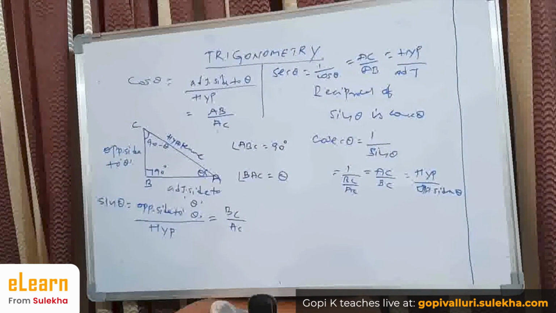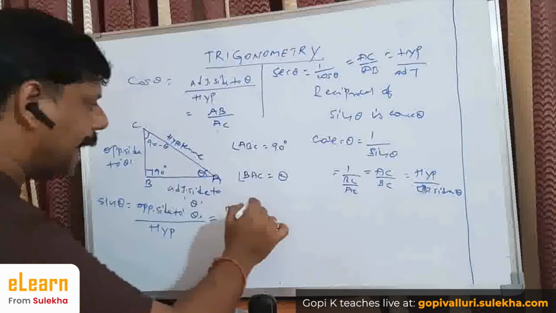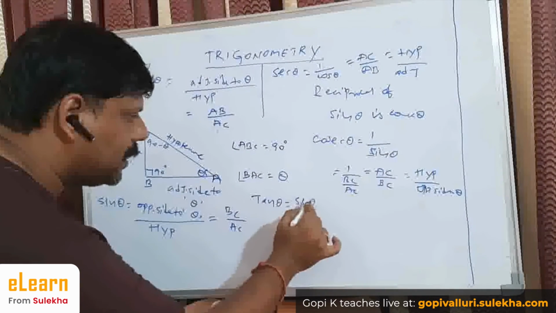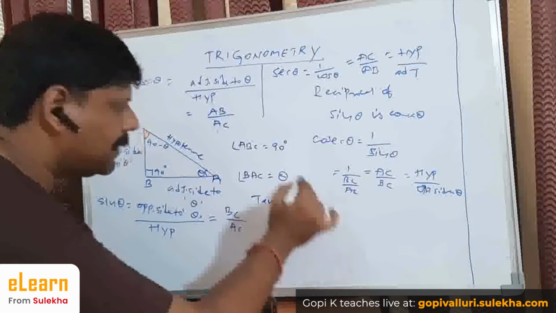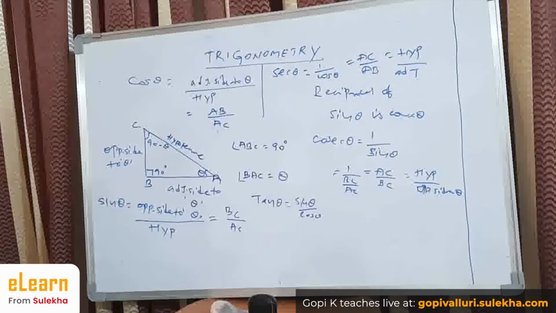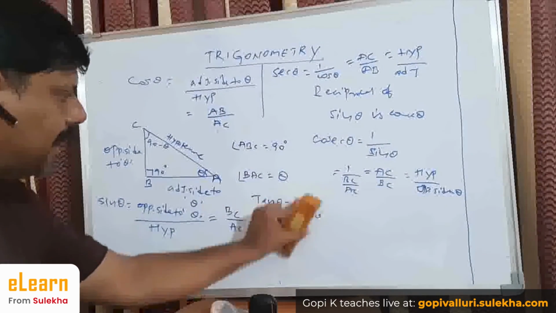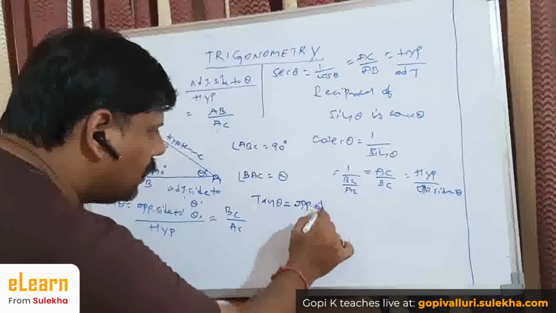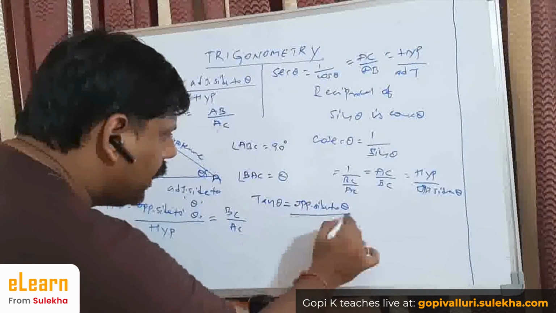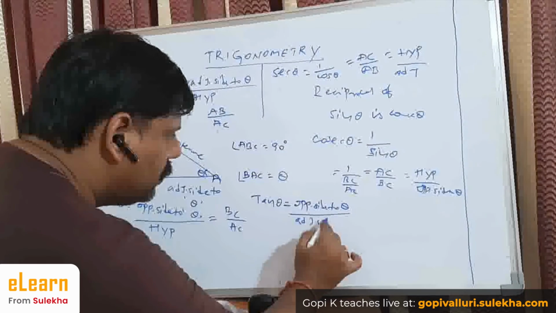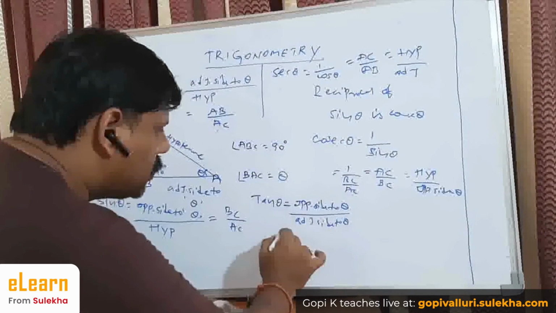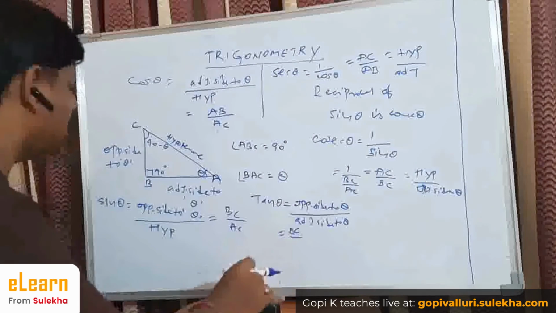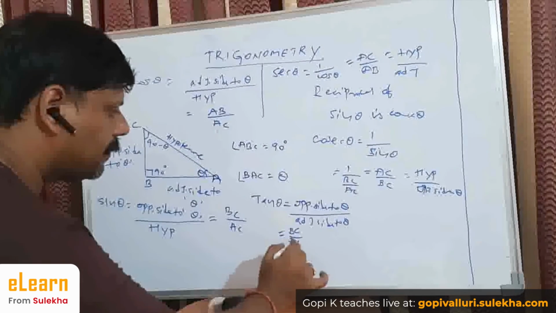Now the fifth one, tan theta. Tan theta can be written as sine theta by cos theta, or we can remember tan theta as the opposite side to theta by the adjacent side to theta. In this figure, the opposite side to theta is BC and the adjacent side is AB.